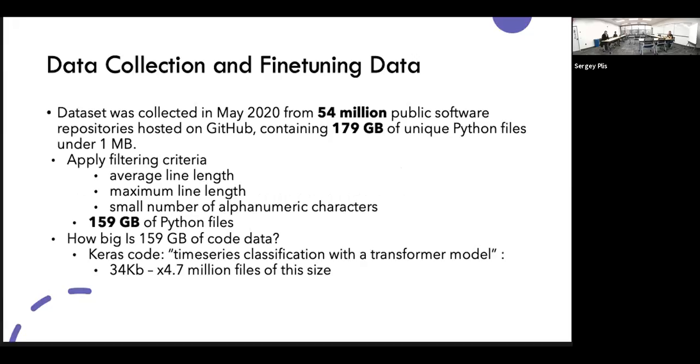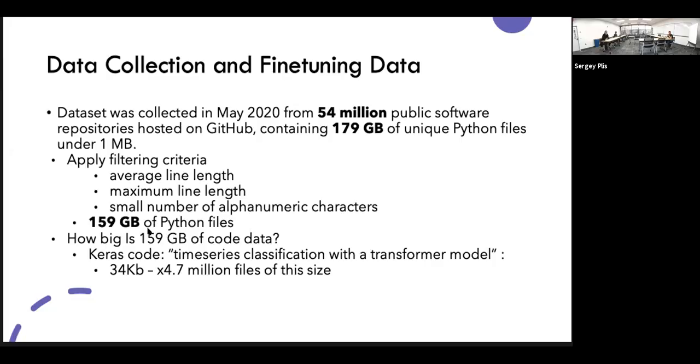They applied filtering criteria for the GitHub repositories: the maximum line length is going to be 100, and a small number of alphanumeric characters, which is going to be 1000. After filtering, they came down to 159 GB of Python files.